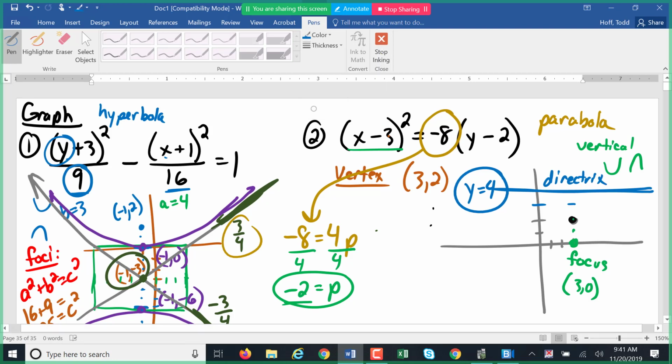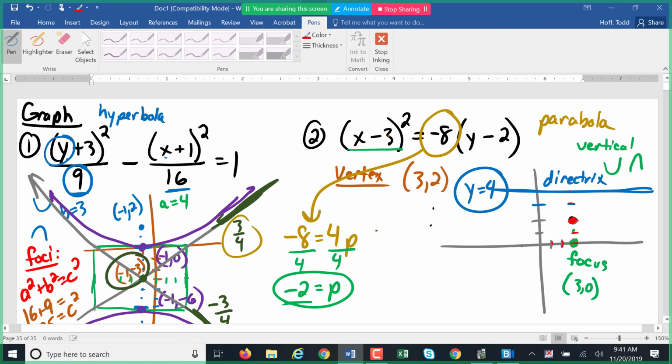Now to plot our parabola, we already have the vertex here. Let's find another point. Well, remember, a parabola is defined to be all points that are the same distance from the line, that directrix, and from the focus. So if I go straight off to the side of the focus, I know that's 1, 2, 3, 4 units from the directrix.